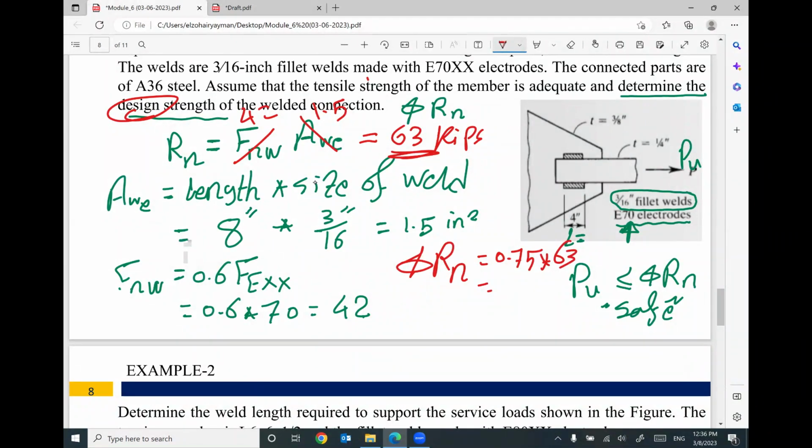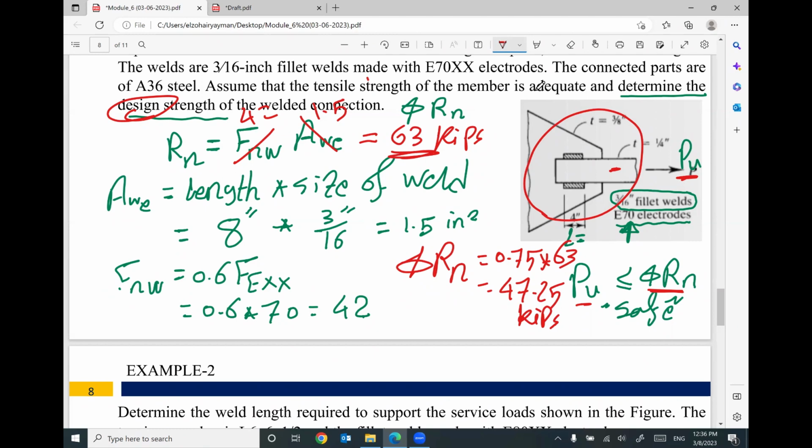Your value will be 47.25 kip. This is called the design strength of this welded connection. If P ultimate is given in this member from RISA or whatever, I can make a comparison between P ultimate and phi Rn and make sure your P ultimate is smaller than or equal to it, at least, to make it safe.